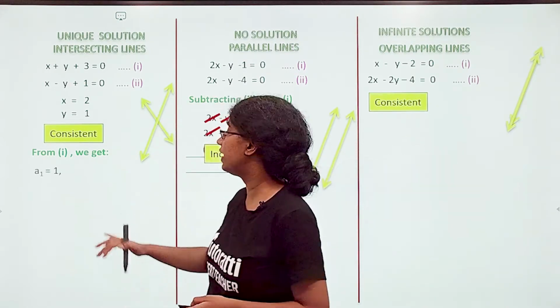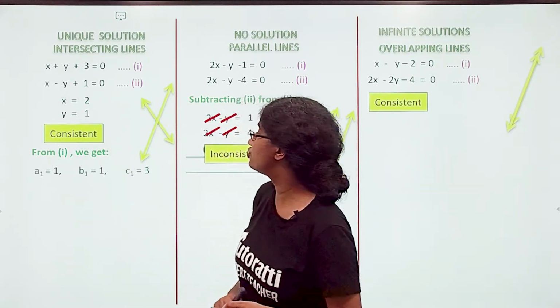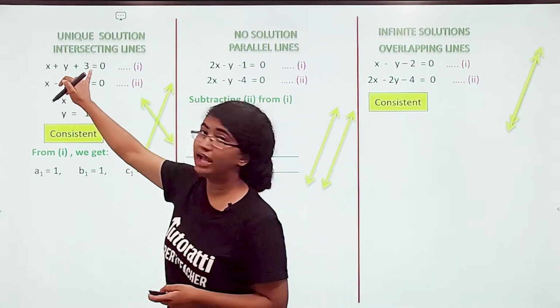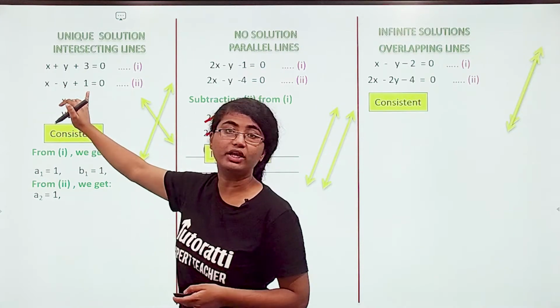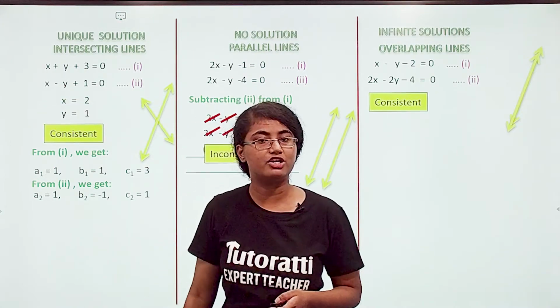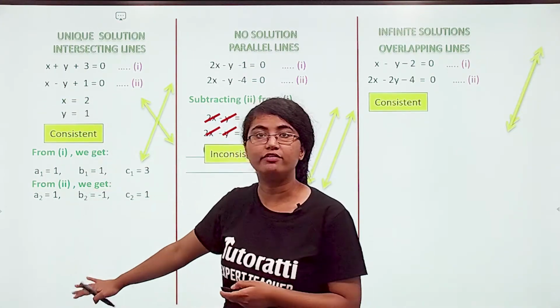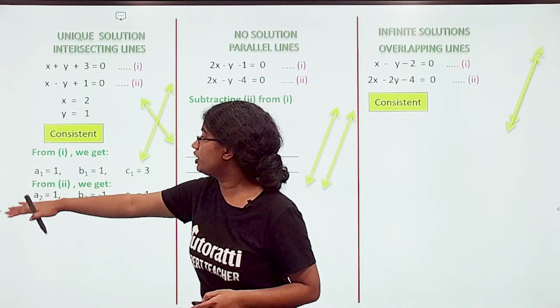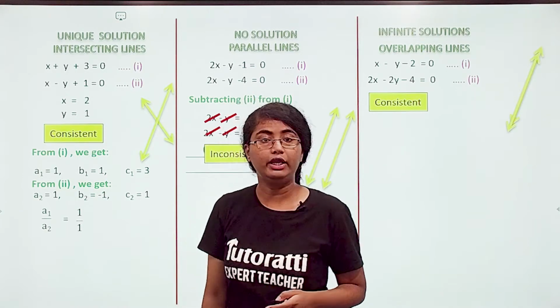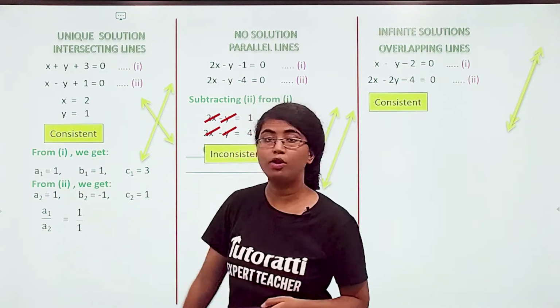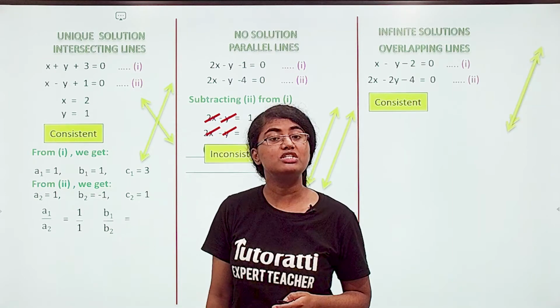Writing the values, a1, b1 and c1 are 1, 1 and 3, and a2, b2, c2 are 1, minus 1 and 1. Now observe this. The ratio a1 upon a2 is 1, and the ratio b1 upon b2 is minus 1.